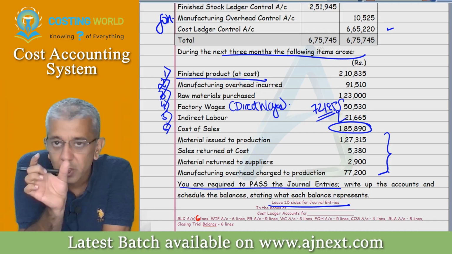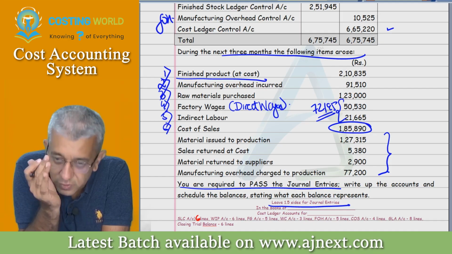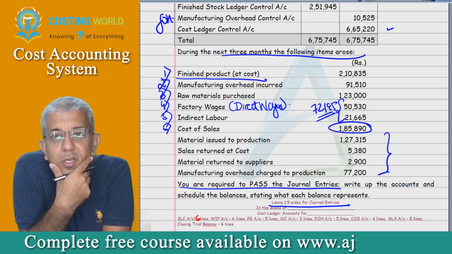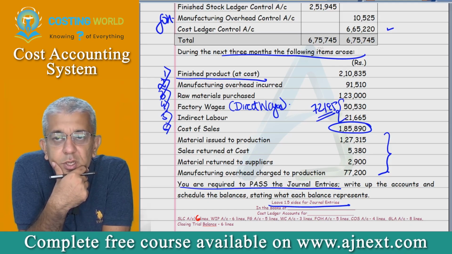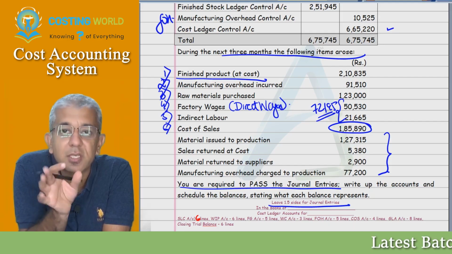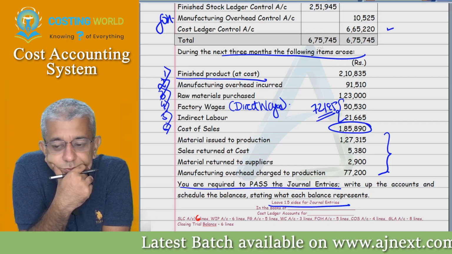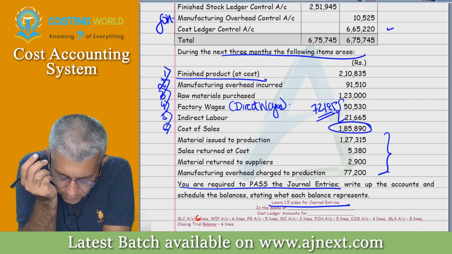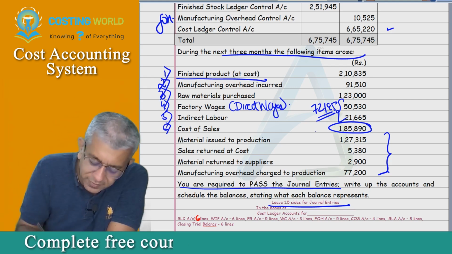You all write down. You all have given the title as cost of sales. In that you all write down first COGS account debit to finished goods 185,890.